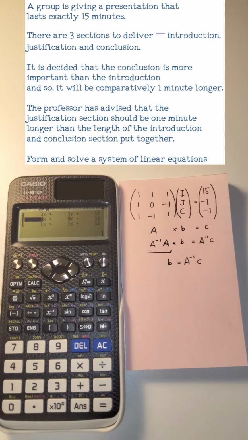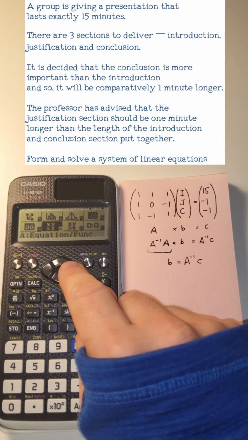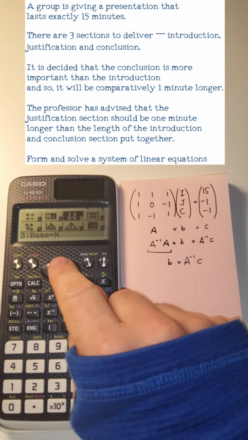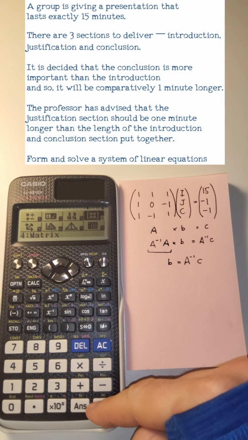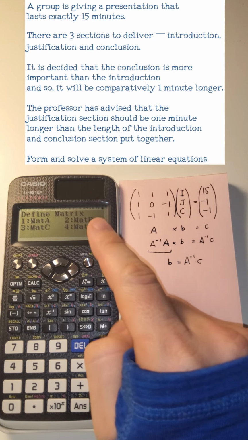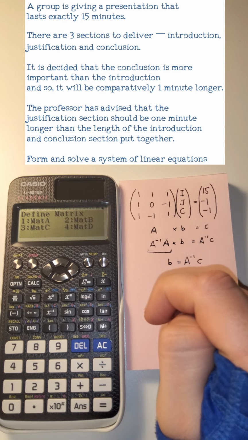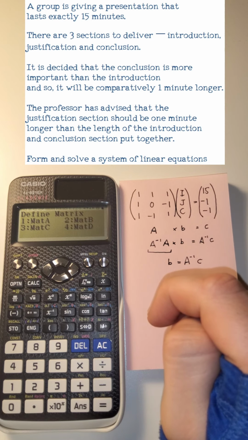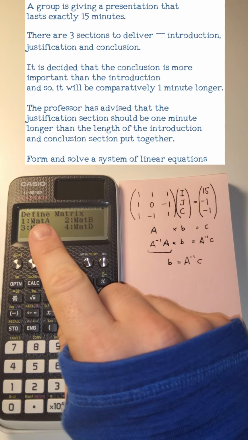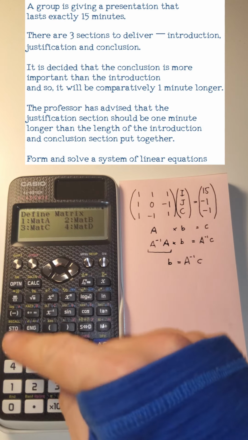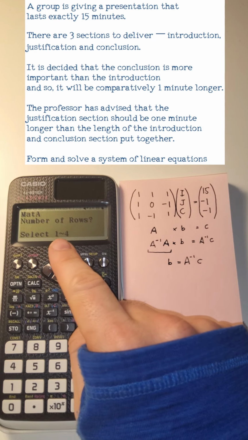So let's start doing matrix stuff. We'll go to our menu button again, and we want to go across to section 4 where it says matrices. When you first enter this section, it will ask you to define a matrix, which means we're going to input the matrix ready for use in calculations. Right, so define straight away. If we go to 1, it's going to ask us how many rows and columns we want.